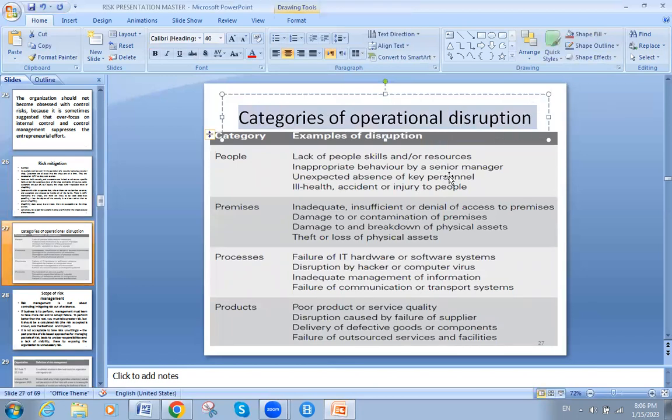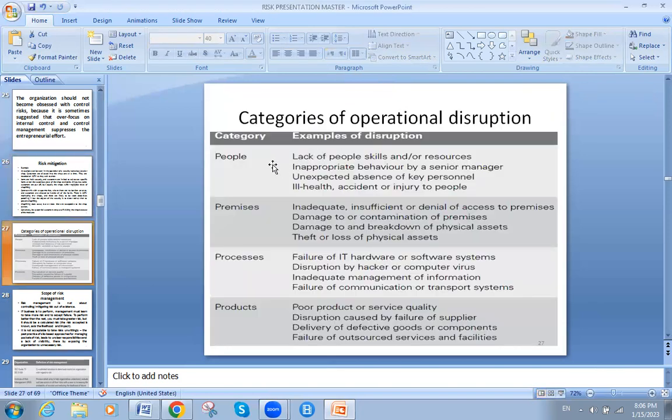Categories of operational disruption come next. The first category is people, for example lack of people. So what are the examples of disruption? Lack of people skills or resources. When they don't have skills, that will lead to more risk. Inappropriate behavior by a senior manager. Unexpected absence of key persons, some very important persons at work who are absent and not there.